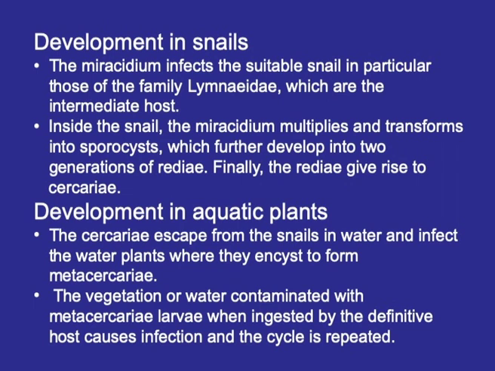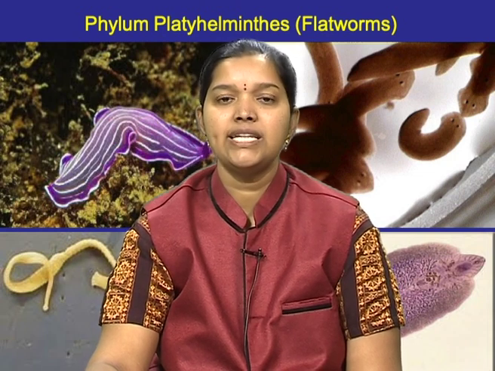Then in the snail this undergoes different forms: first they form the sporocyst, then they form 2 generations of redia larvae, and then they finally form cercariae larvae. Then this cercariae larva escapes the snail, enters the water, and contaminates the aquatic plants.